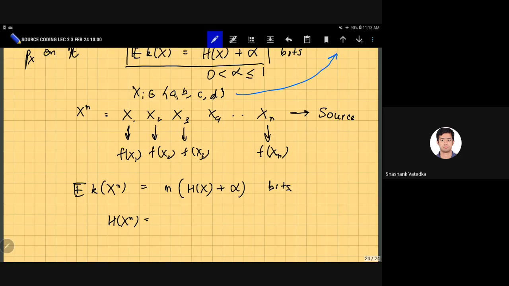If it's an IID source, if it's a memoryless source, what is h of xn equal to if xn is IID?